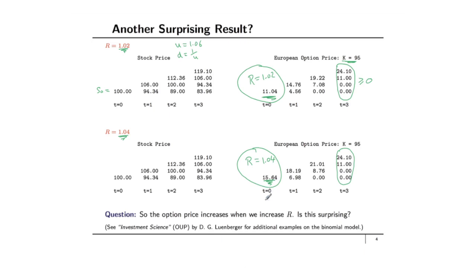In a deterministic world, when you increase the interest rate, you decrease the present value of the cash flow. But here the cash flow hasn't changed, and we haven't decreased its present value. Its fair value is 15.64, which is an increase on 11.04. So this should tell you that option pricing can throw up some interesting and surprising results. It is very different from the deterministic world, which you are probably more familiar with.